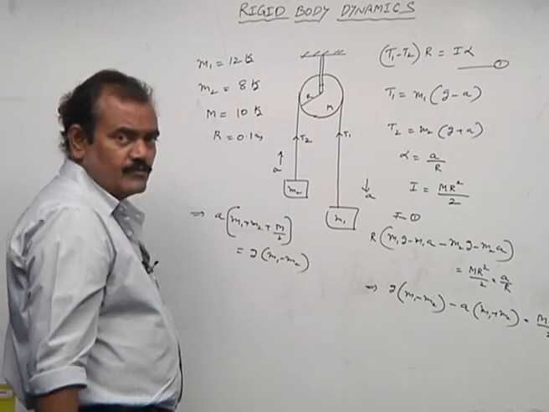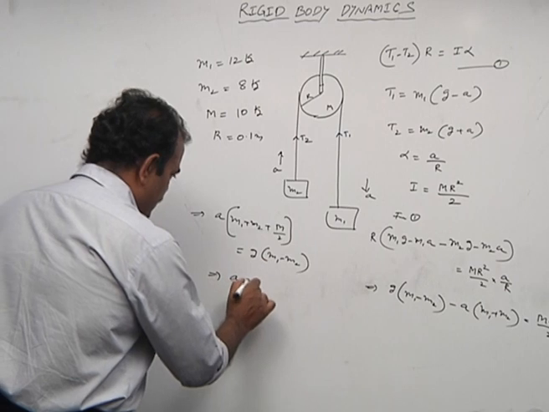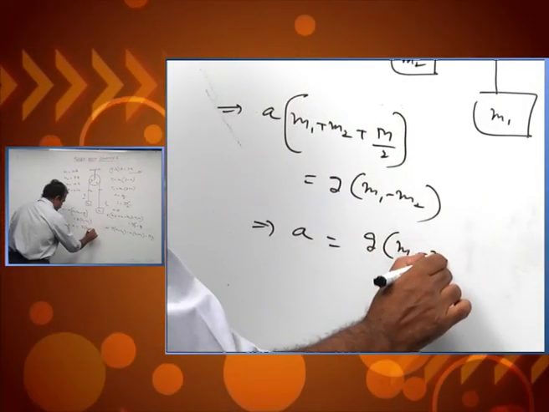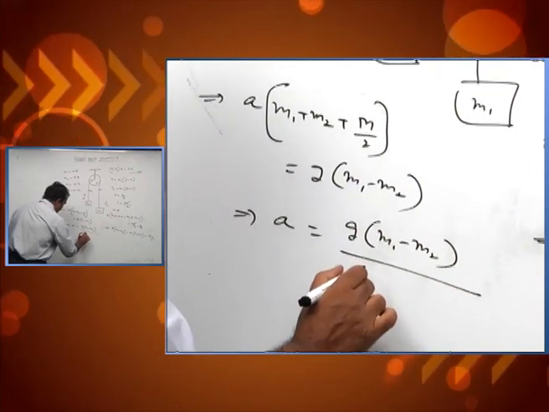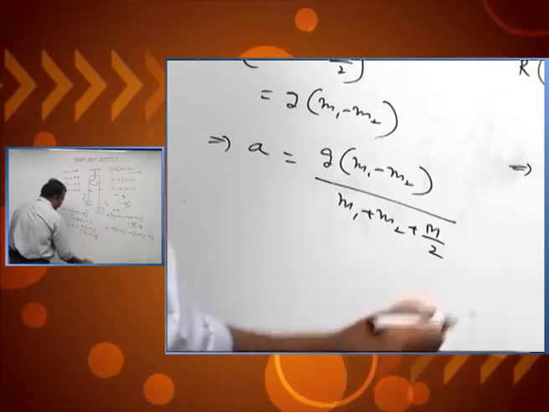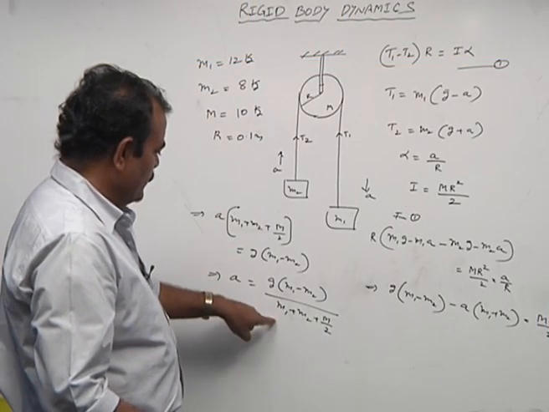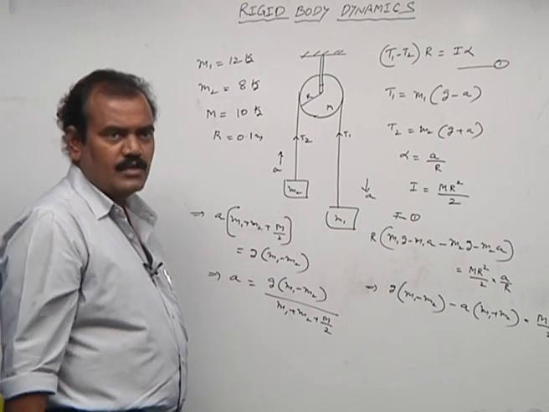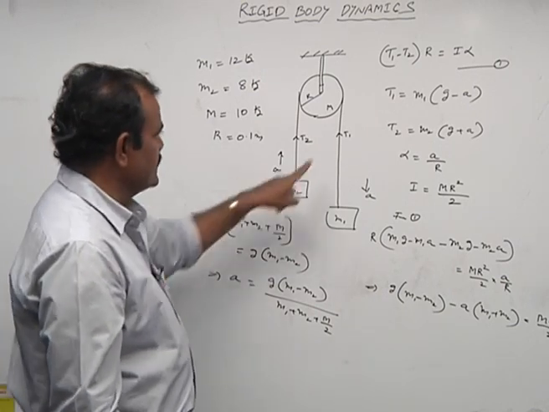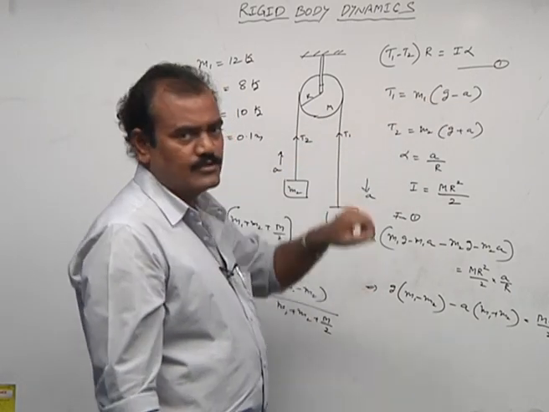So A is equal to G of m1 minus m2 divided by m1 plus m2 plus m by 2. When you apply all the values given in this problem, you get the acceleration. After finding this acceleration, you apply it here, then you get the tensions also, T1 and T2.